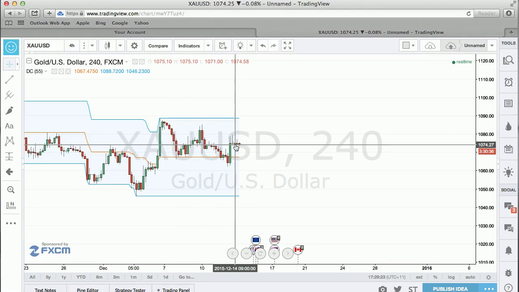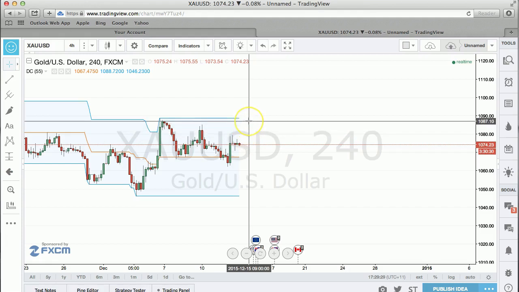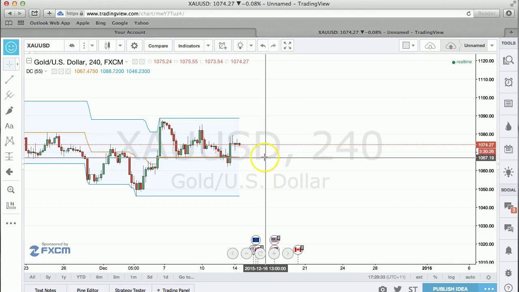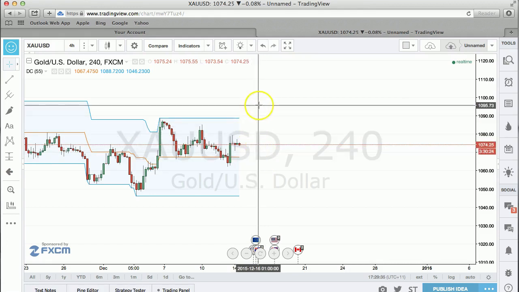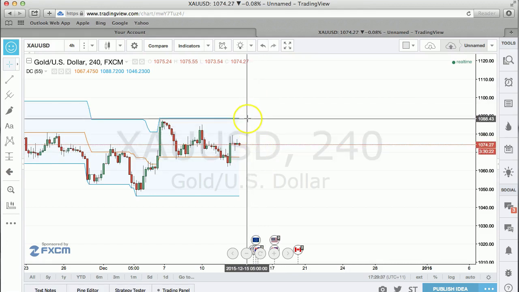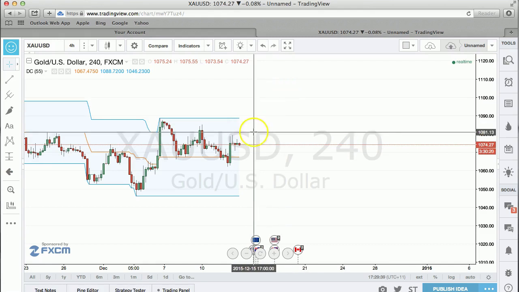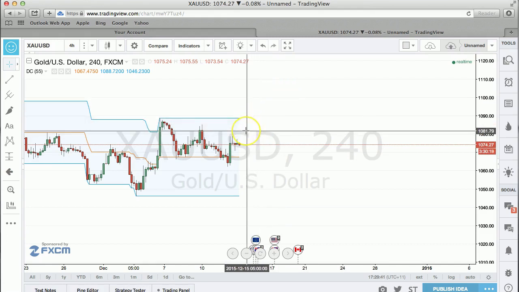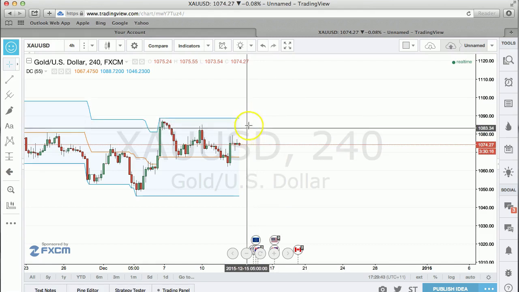So what I can see happening is that price is probably going to approach this upper Donchian channel and either come back down or break above it. So I'm looking for the breakout above the upper Donchian channel, and here's how I do it.